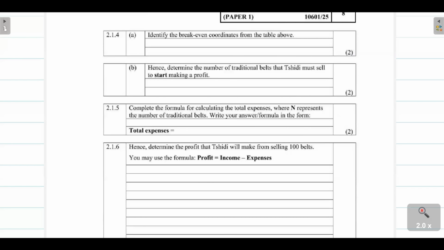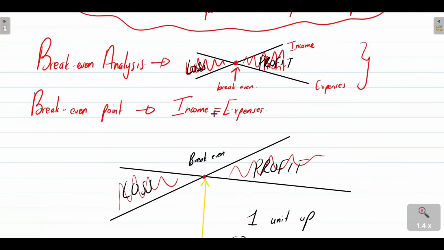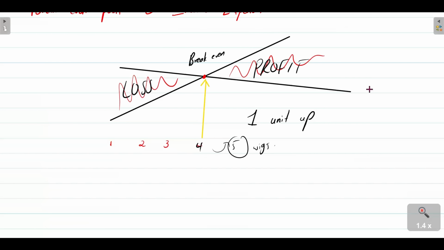So remember what I said when I was giving you guys this whole explanation about what is the break-even point. Remember, I said, if we are talking about a break-even point, we are talking about a point where the total income of a business is equal to your total expenses, if we are looking at it from a graph perspective.